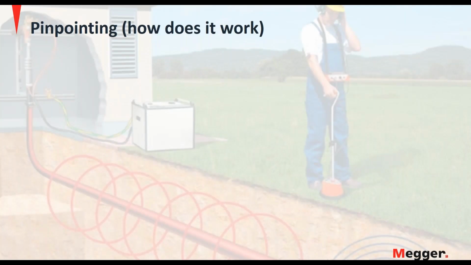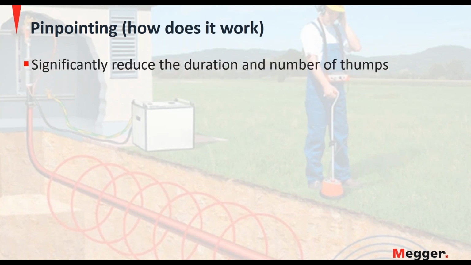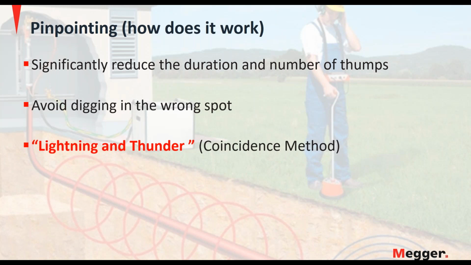So let's talk a little bit about how the Digiphone works. It's much more than just a listening device. It's more than an amplified microphone sitting on the ground. So it's going to significantly reduce the duration and number of thumps, and help us avoid digging in the wrong spot. It uses what we call the coincidence method.